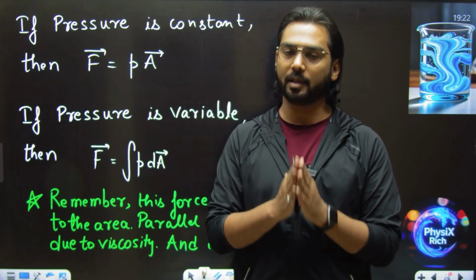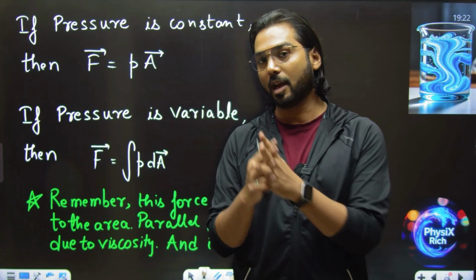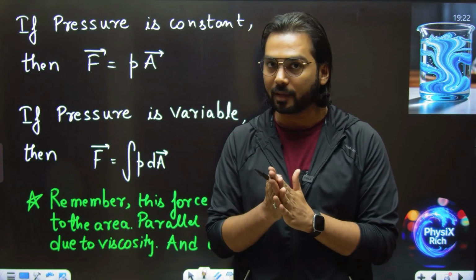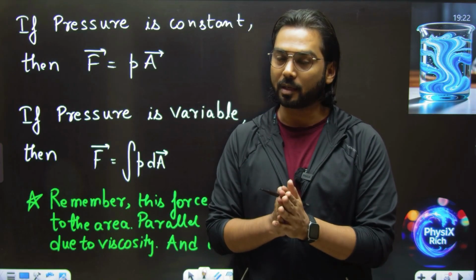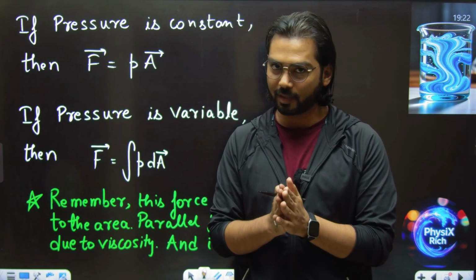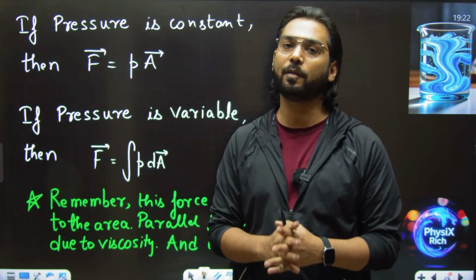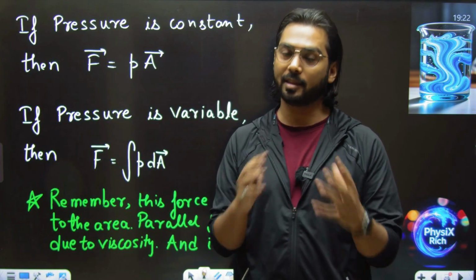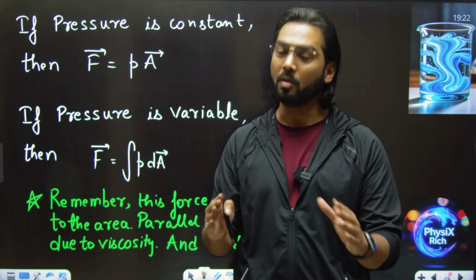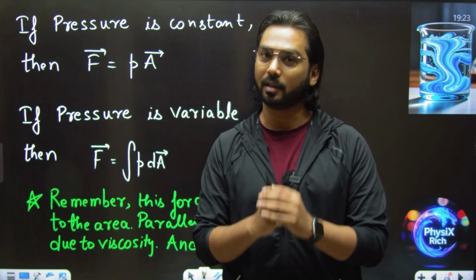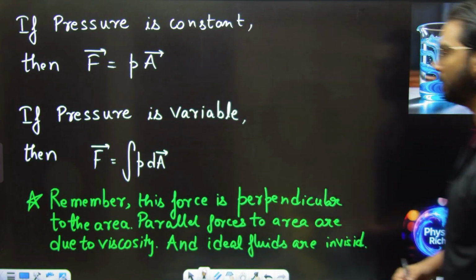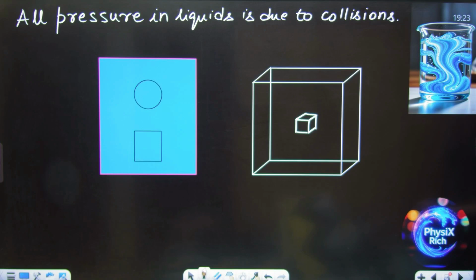Viscosity is the reason why there are forces that are parallel to the surface due to a fluid. But we are going to take inviscid fluids, which means that our fluids are non-viscous, and that means no parallel forces along the area. Only perpendicular forces will act along.